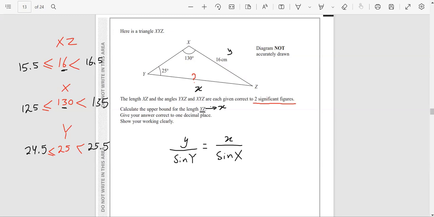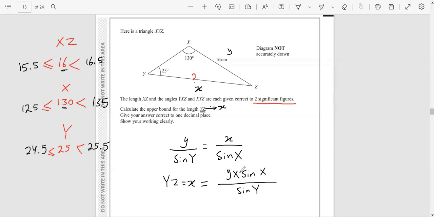So to get X, which is YZ as required in the main question, we'll do cross multiplication. It will be Y by sine X all over sine Y. This is multiplication, by the way.